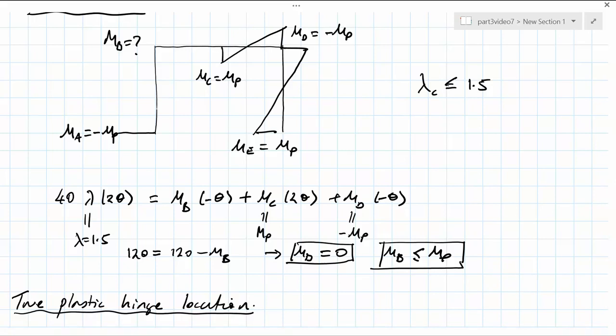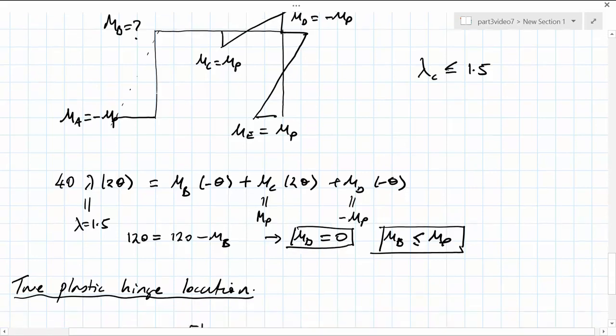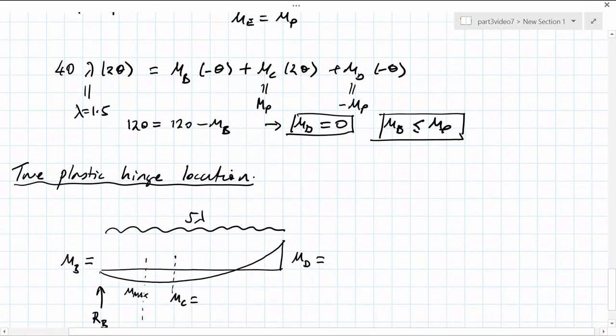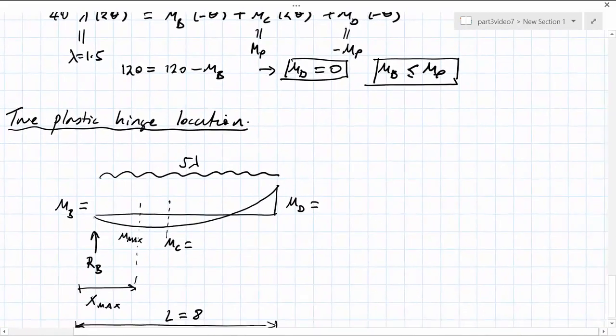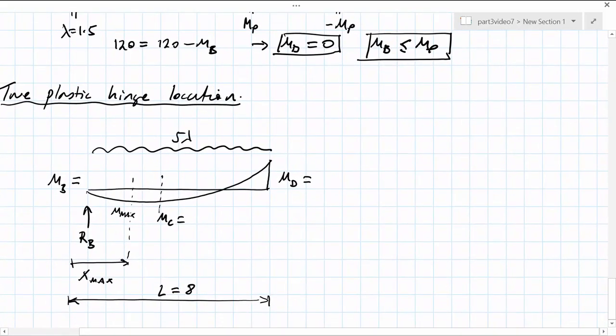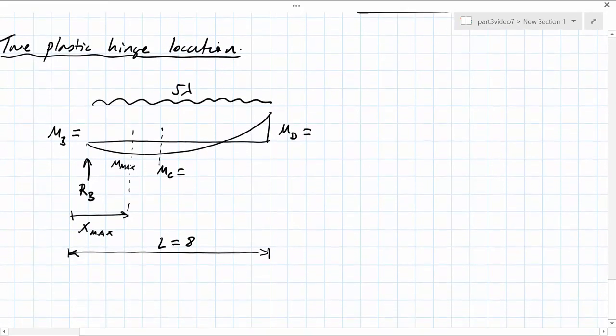However, as we've said, we've assumed that the plastic hinge location is in the center. As a result of this, we need to determine the exact location of the plastic hinge, and we need to then do a subsequent check on whether or not this is correct. So now reconstructing our first figure by substituting in the correct values, we find we've got a distributed load of 5 lambda.